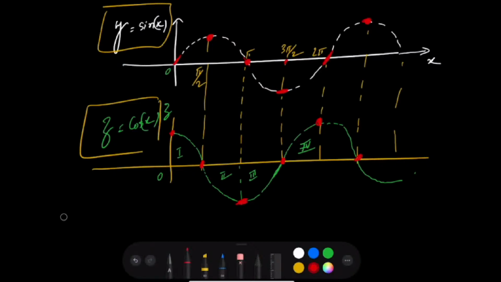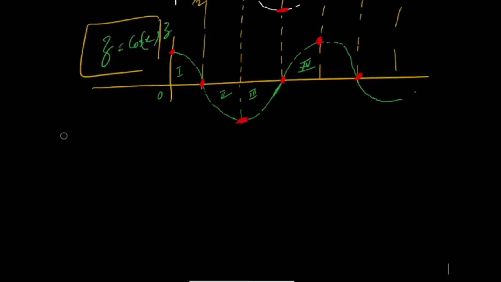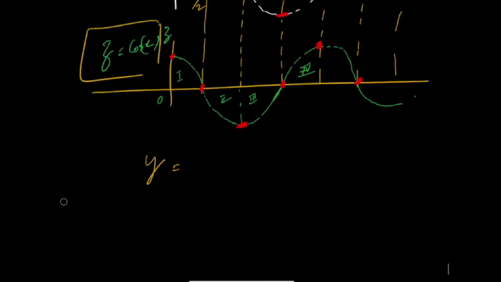So graphically also, the slopes and values are making sense. Let me repeat: if y equals sin x, dy by dx is equal to cos x, correct?